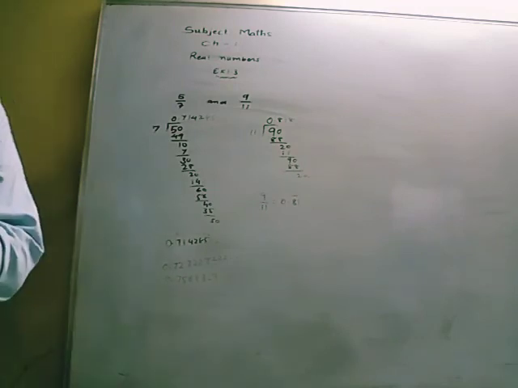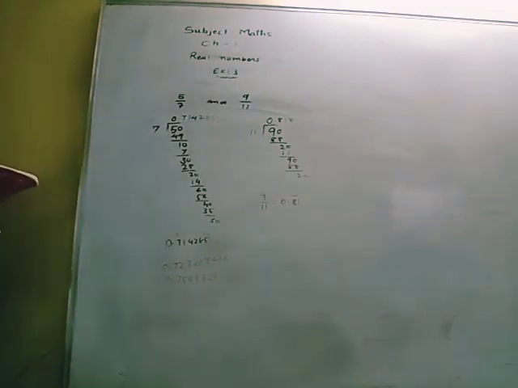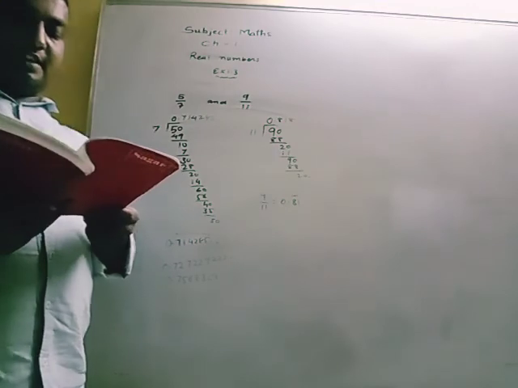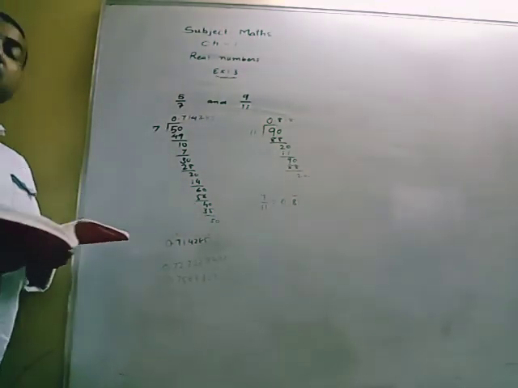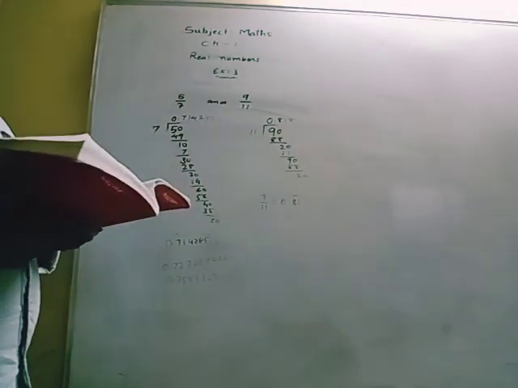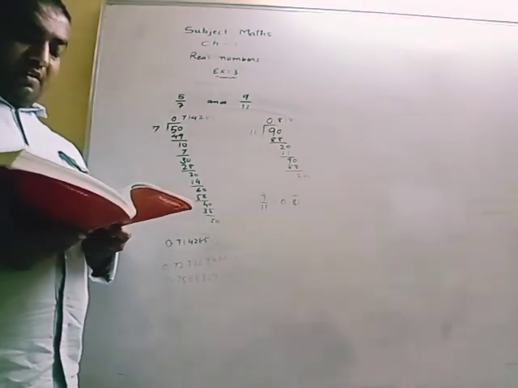Now the last question, 9, is: classify the following numbers as rational or irrational. So first one is root 23, which is a prime number's root, and so it is an irrational number.